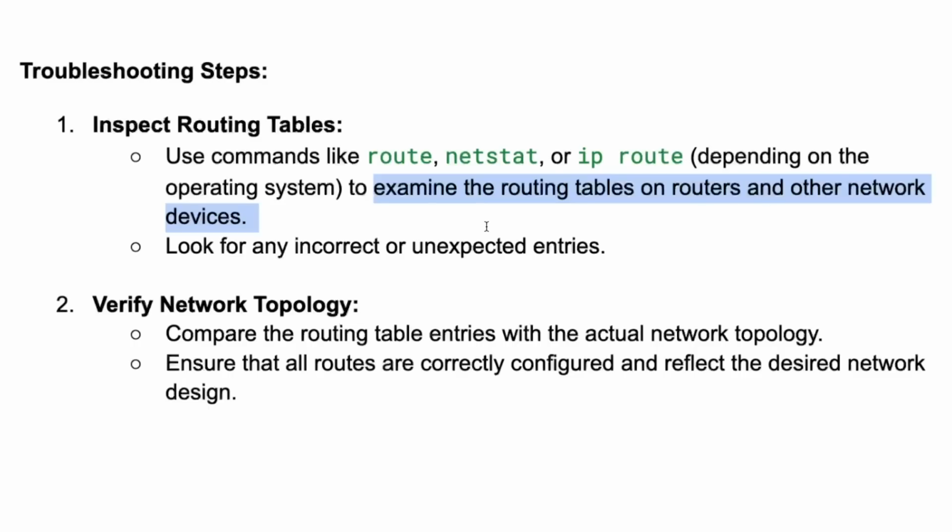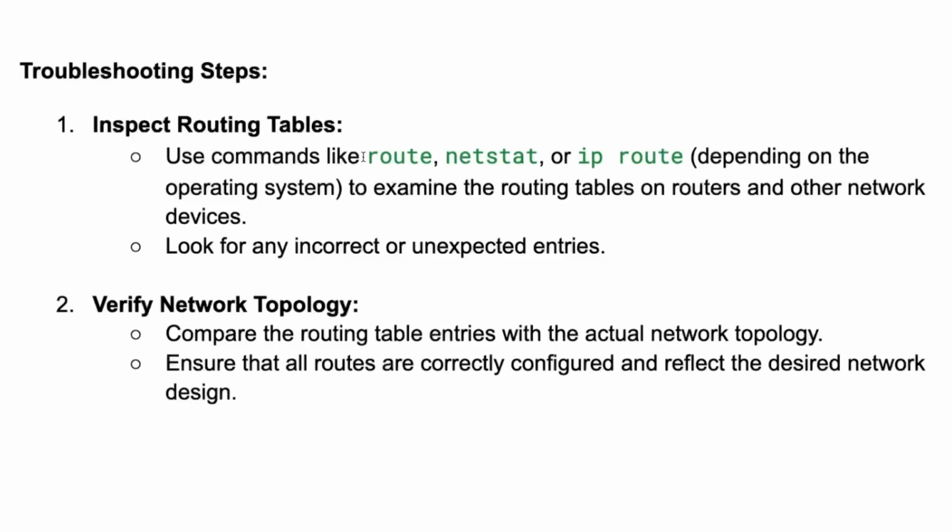So the routing table, and I should have probably said this earlier, is essentially the list of destinations within your own network that your devices know they can go to, and then the default route of the routing table is the destination that they would go to leave your network and to actually go to the external network, which is the internet, right? So if there are any incorrect or unexpected entries in your routing table, that means that there is some kind of an issue that you need to look at.